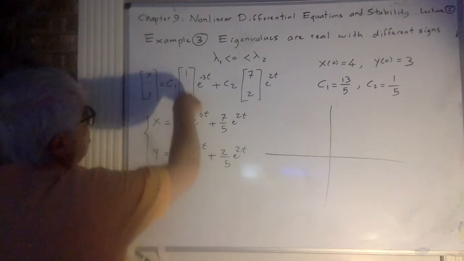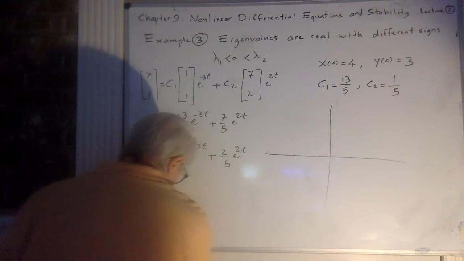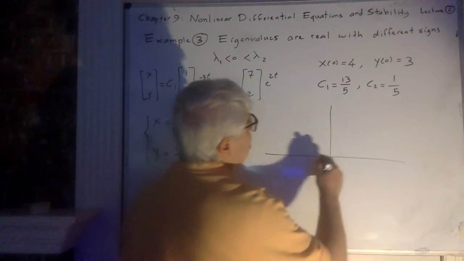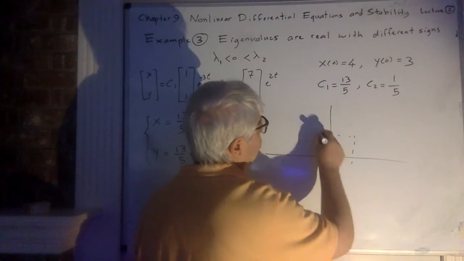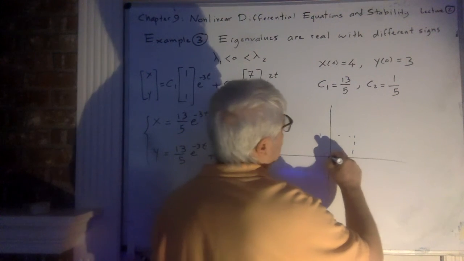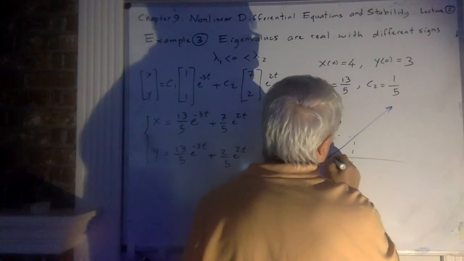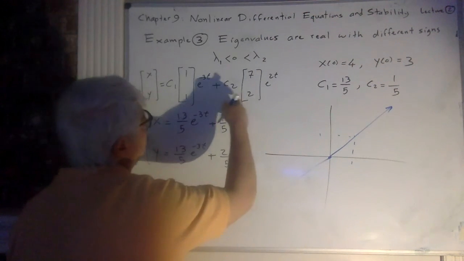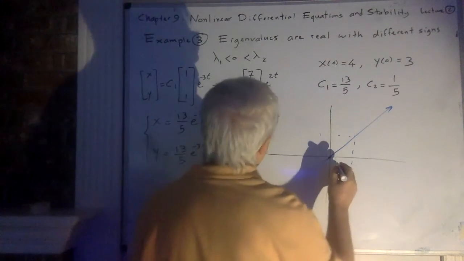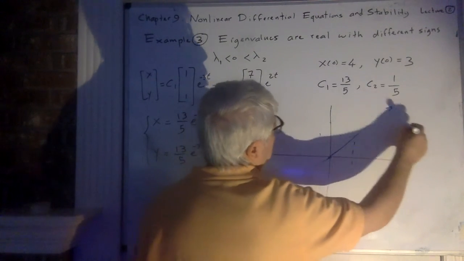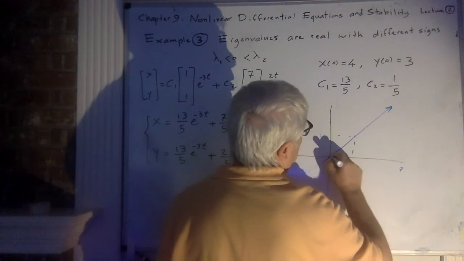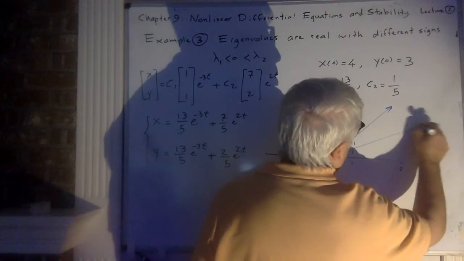Now this direction is 1, 1. That's how you find it, right? So that gives me direction 1, 1. And the other one is x 7, y 2, so there's like 7 here and y is like 2 here. So that is like this direction.